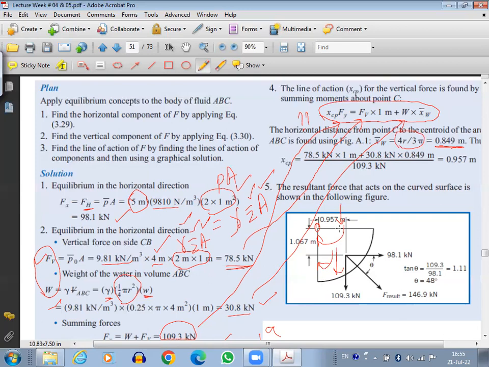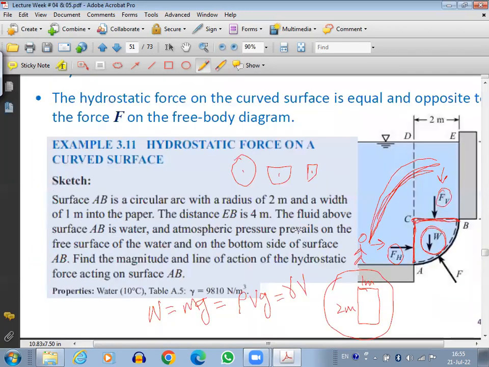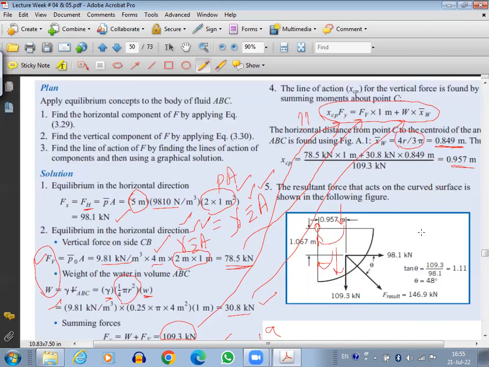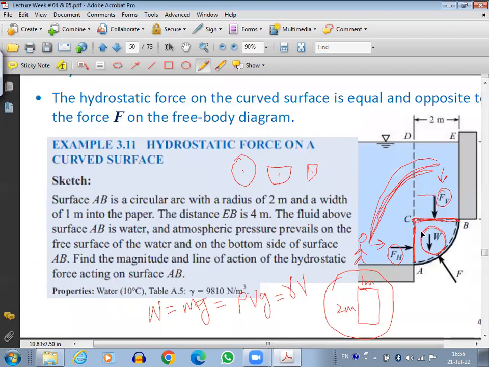And this Fy is the total force, but where it would be acting, we can now find out, xcp. So if you calculate, it comes out to be 0.957. Somewhere in between, as I told you. Weight was acting here, Fv was acting at 1 meter distance, weight was acting at 0.849.